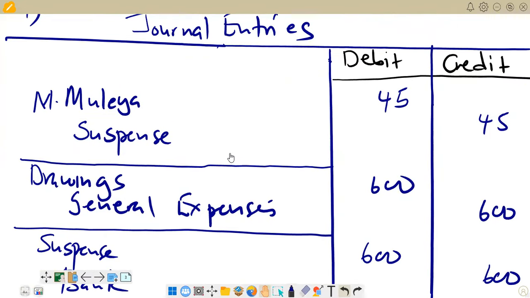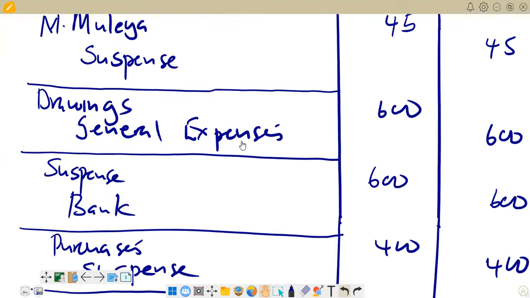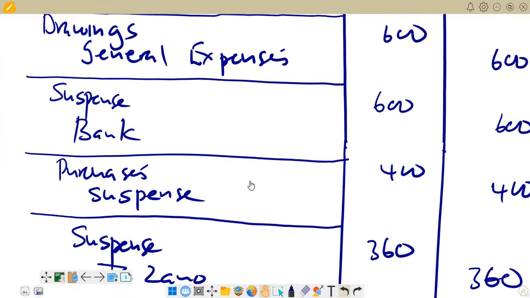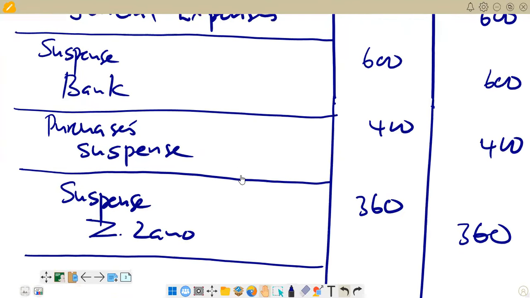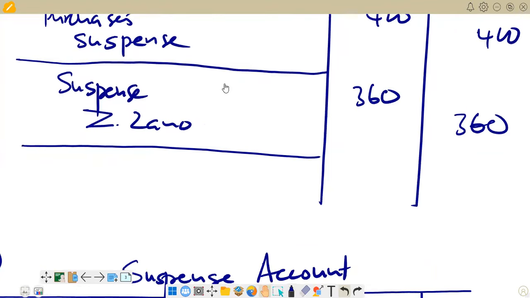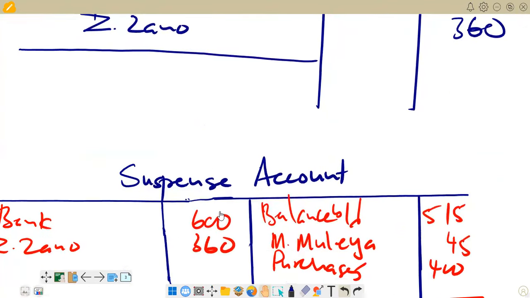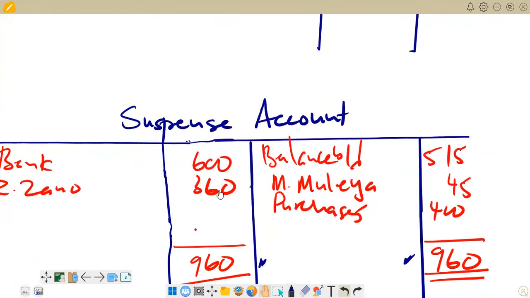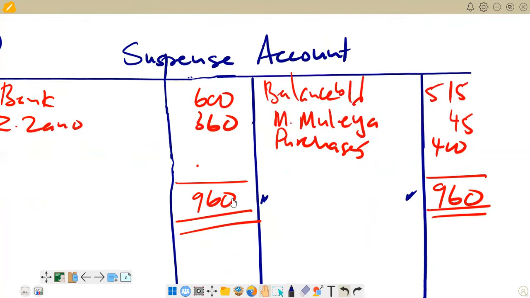So here we are starting with capital. So you come to the journal entries and go through all the journal entries to check if capital was affected there, and you see that there is no capital being affected. So if you have such a scenario, it means you take the figure that you have in the trial balance and put the figure as it is in the corrected trial balance.